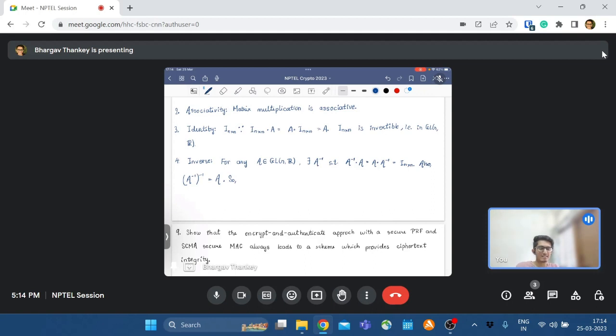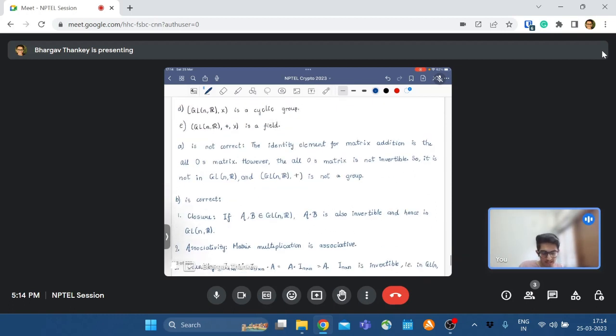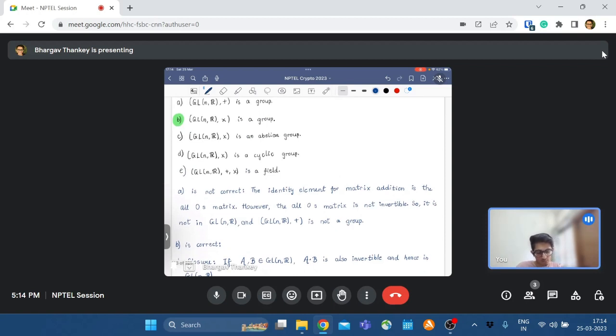So there exists a matrix A inverse such that the product of A and A inverse is the identity. But now A inverse should also be in GLN, right? It is, because A inverse is itself invertible, as its inverse is just A. Yeah, so all four properties are satisfied. So B is a group.